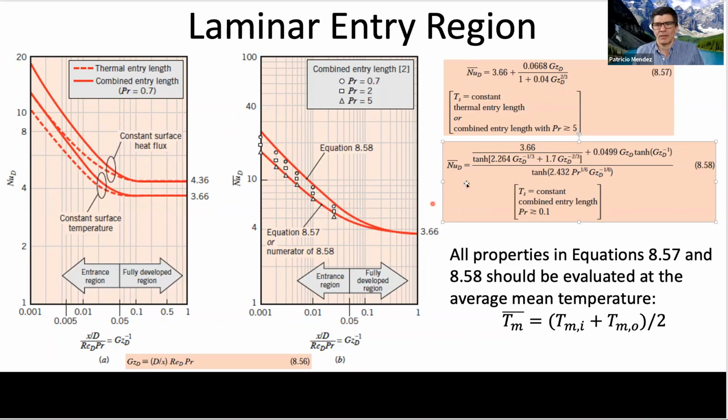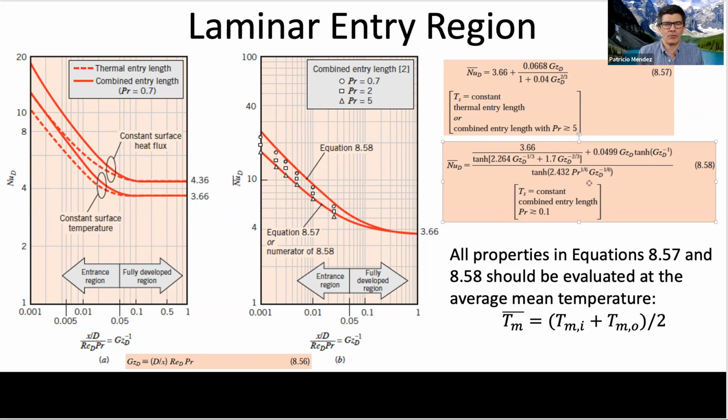And when the length is very, very large, the Kretz number tends to 0. And when the Kretz number tends to 0, guess what? The Nusselt tends to 3.66. That's not a surprise to anybody. 3.66 is the Nusselt number for a pipe in laminar flow and constant surface temperature, and this is what this formula is for, Ts constant.